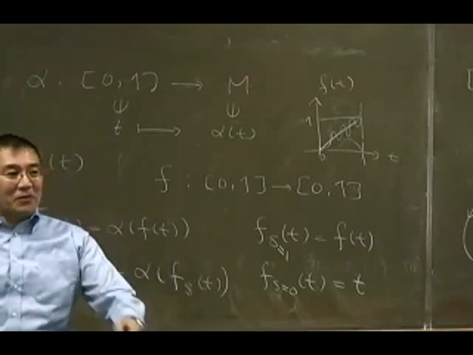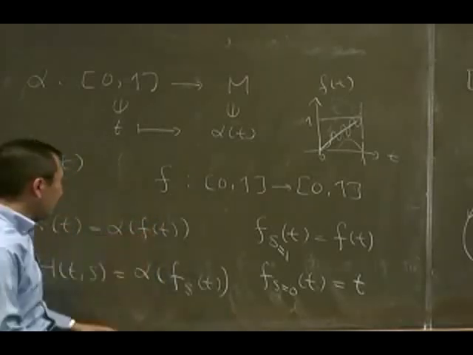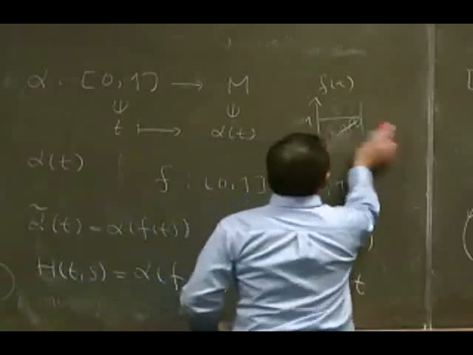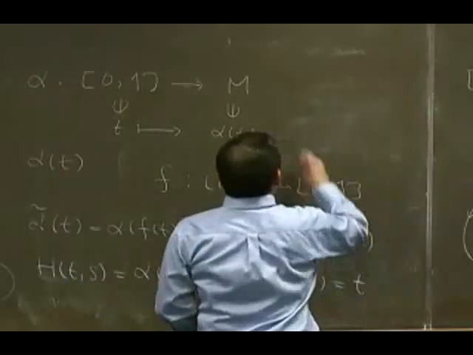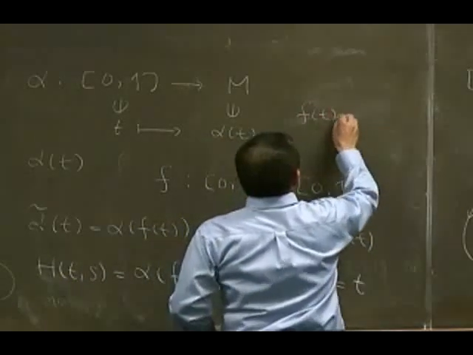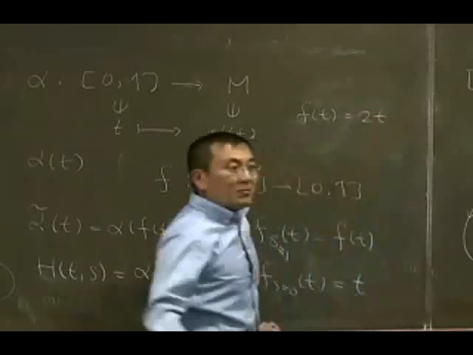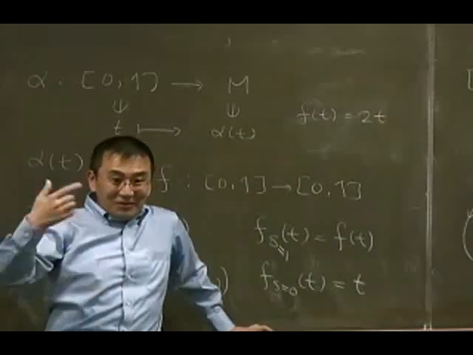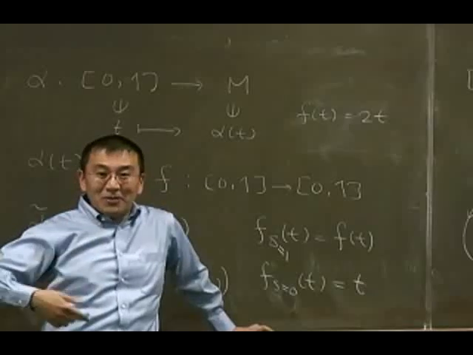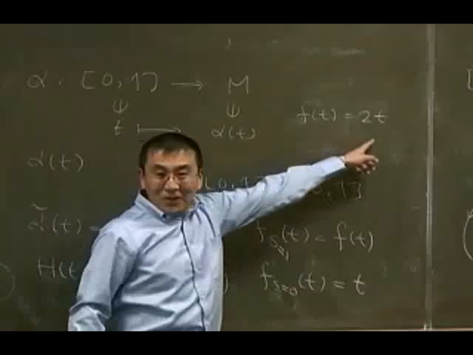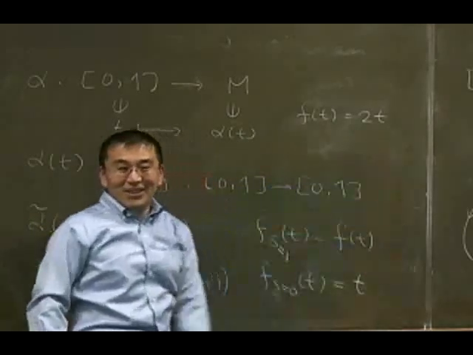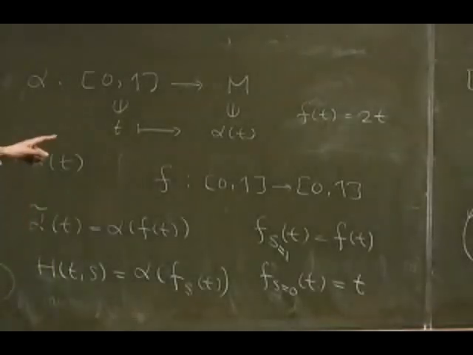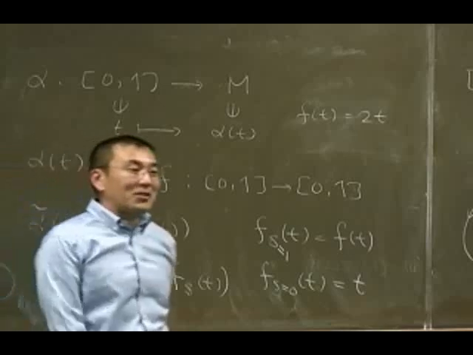Because if you change the parameter, for example, if you take f of t to be 2t modulo 1, this is not a good reparameterization, because this does change the homotopy class. So not all reparameterizations are okay.